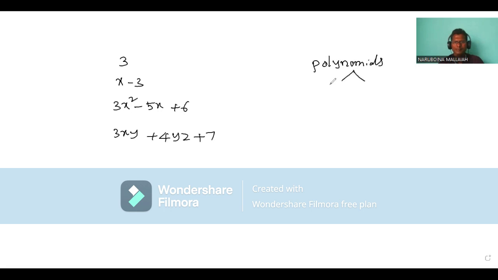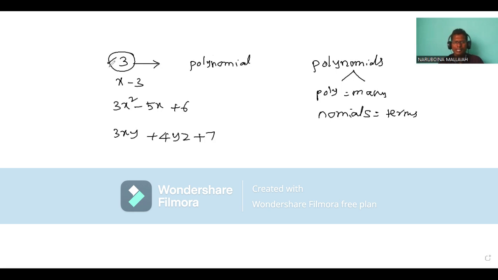I told you in the beginning, poly means many, nomial means terms. So we are calling these polynomials, but the first one is not having many terms. Though it is having a single term, this is also considered a polynomial. So 3 is a polynomial.